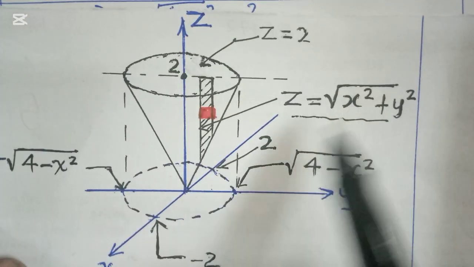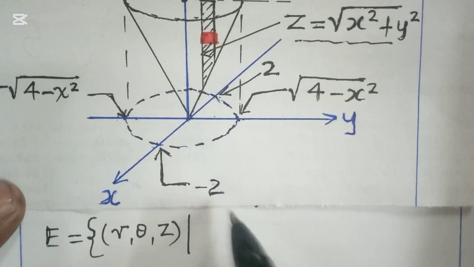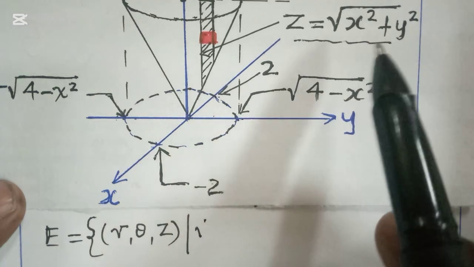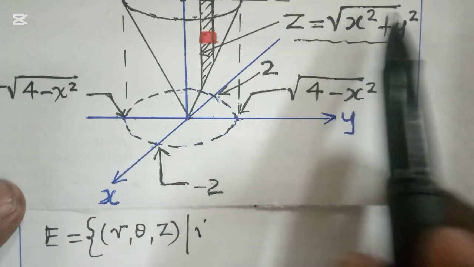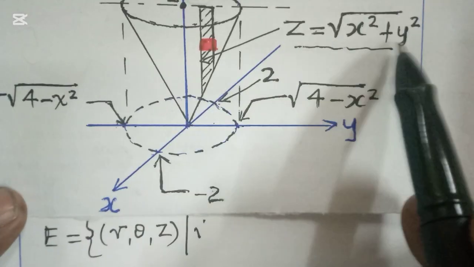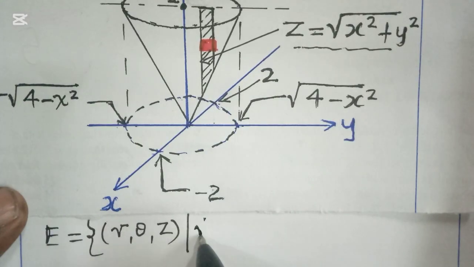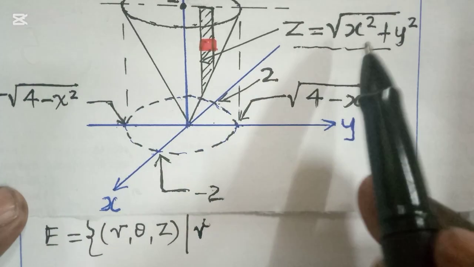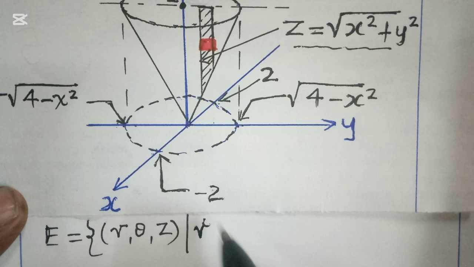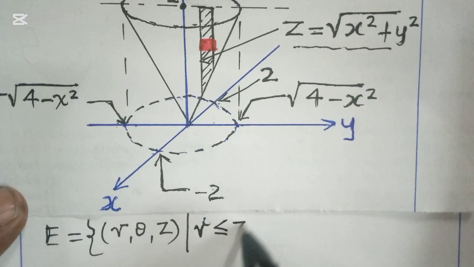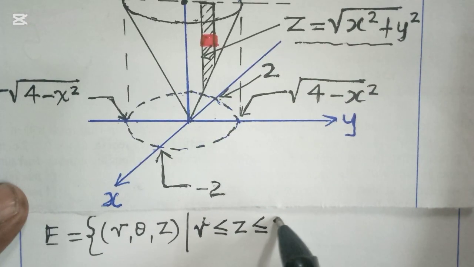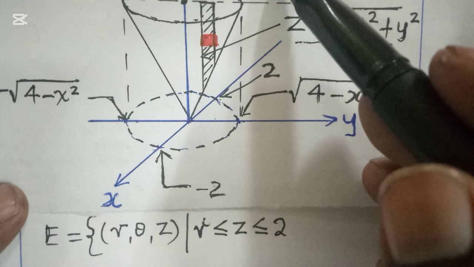So we are going to integrate between the square root of x squared plus y squared, which in polar form is r. So z is between r and 2.